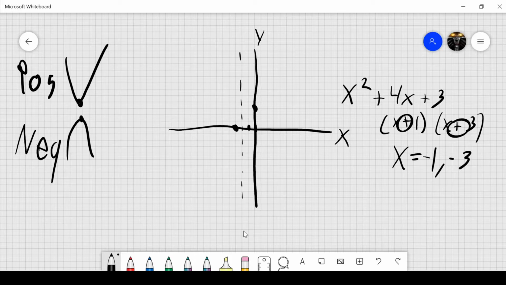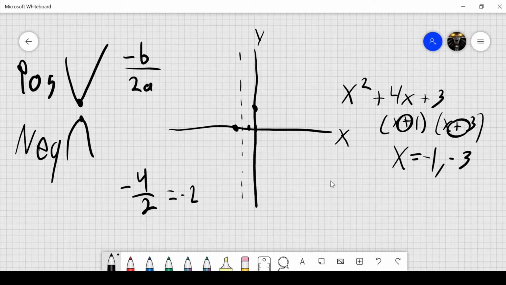Now, how do we find the vertex? We take that -2, which, if it's not easy to find, you can use the equation -b over 2a. If we do this, -4 over 2, because a is 1 and b is 4, equals -2. We see that pretty easily.